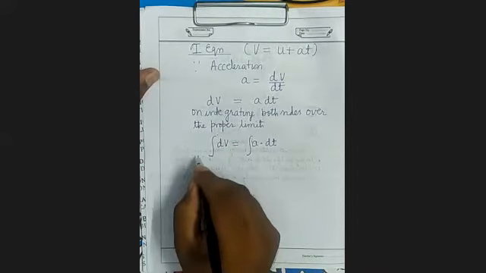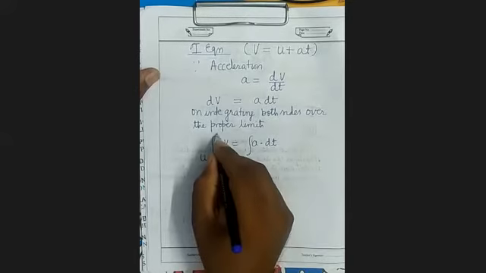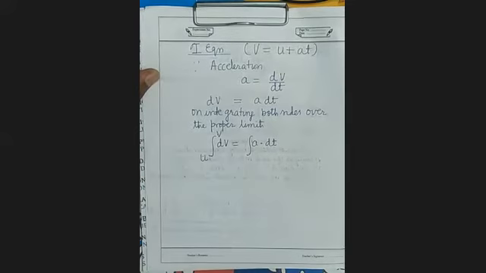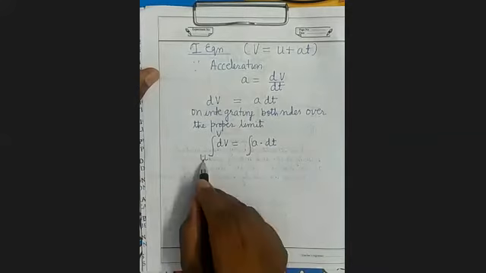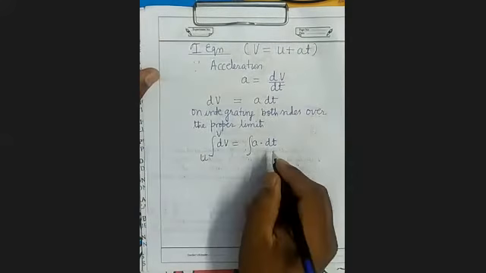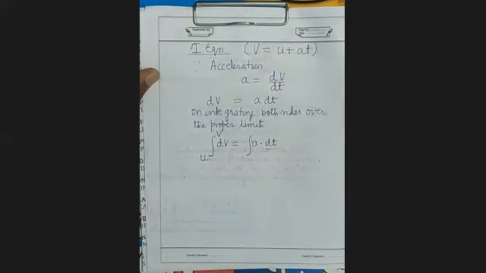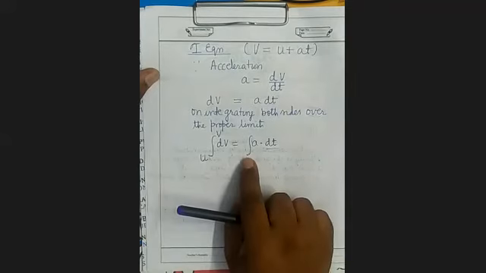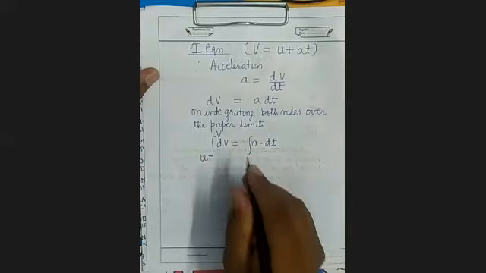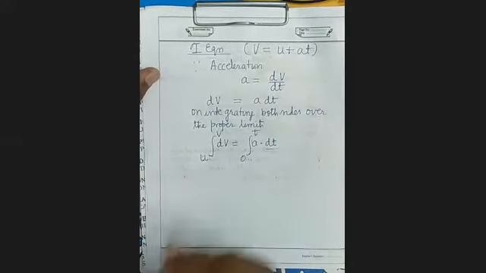So lower limit u, upper limit v. Then here it is integrated with respect to time, so we substitute the limit of time, from 0 to t.